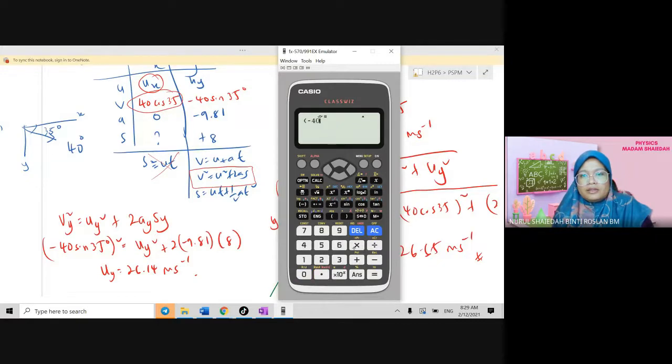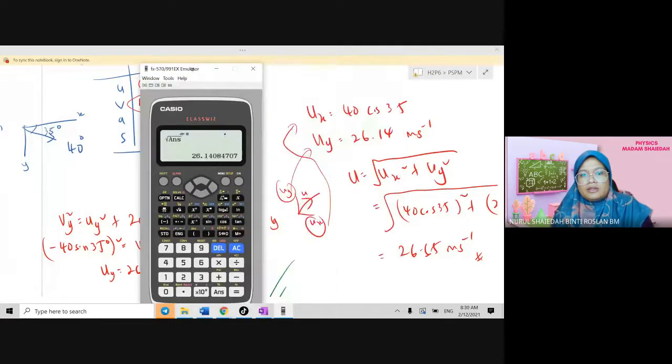Negative 40 times sin 35 squared. Okay. Plus 2 times 9.81 times 8. So this one square root answer. So I get this one. Okay.